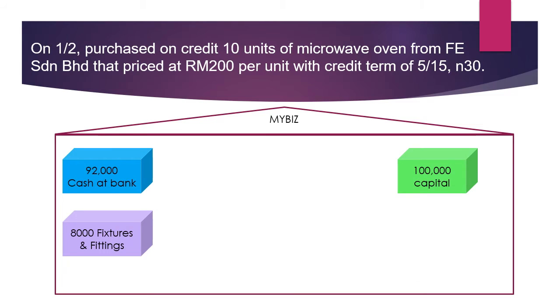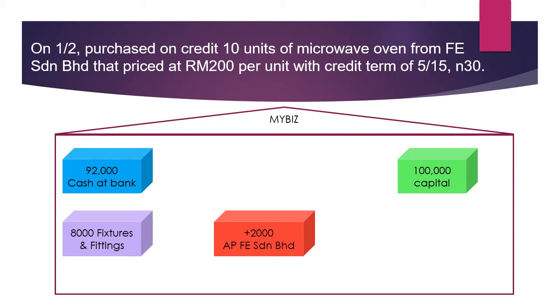So currently you have 92,000 cash at bank, 8,000 value of fixtures and fittings, and you have 100,000 of capital. So when you purchase trading goods on credit from the supplier called FE Standard Berhad, you need to open a new account with the name FE Standard Berhad, or you can just write FE Standard Berhad AP.